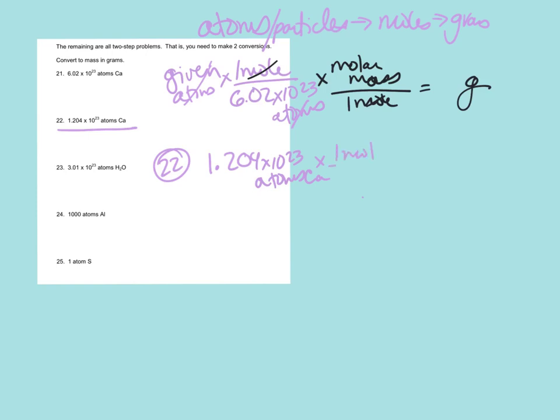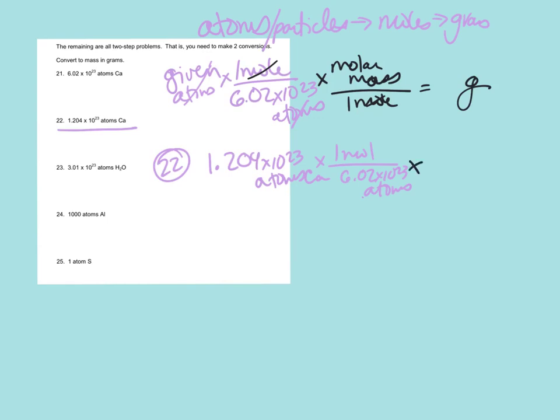So we have 1 mole for 6.02 times 10 to the 23rd atoms. At this point, you could solve that and then use that answer to do the next phase. Here you could solve this and then use that to set up your next problem to get from moles to grams, or you can keep adding to this.